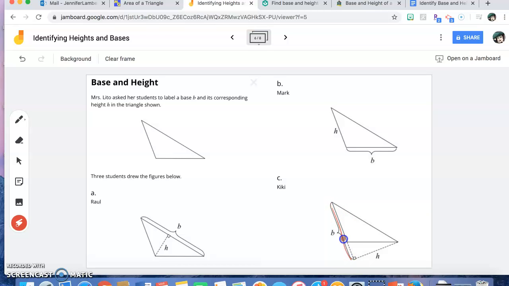This one's wrong, and this is a common mistake that people make: they called the base the whole entire line. This whole entire line is not the base because the dotted parts are just an extension. That means it's just showing it continues. If they just labeled the part I traced over here as the base, then they would be correct. But because they drew it and labeled the base where the dotted lines are, they're wrong.